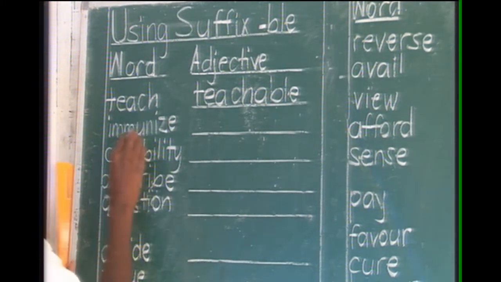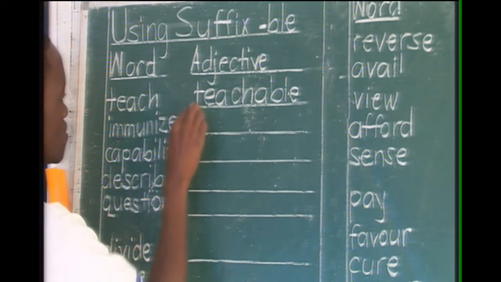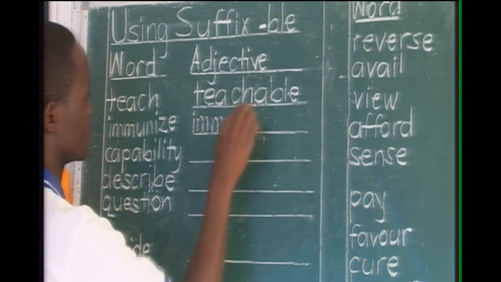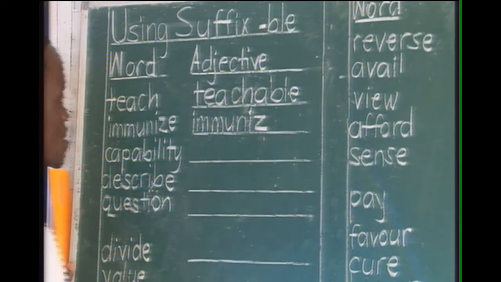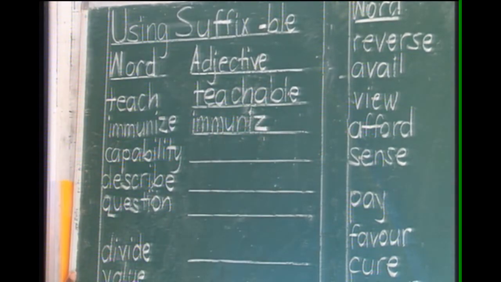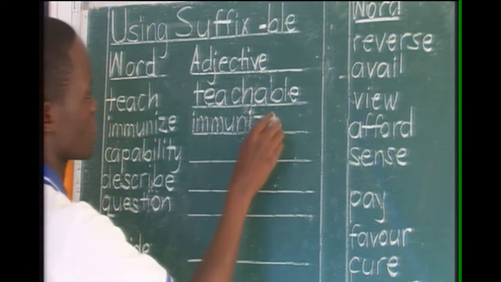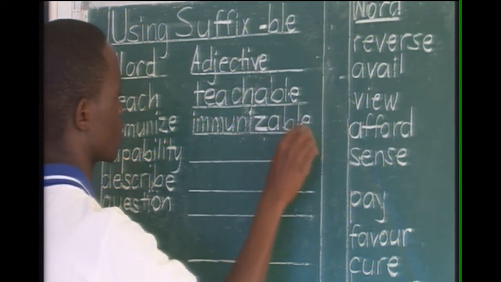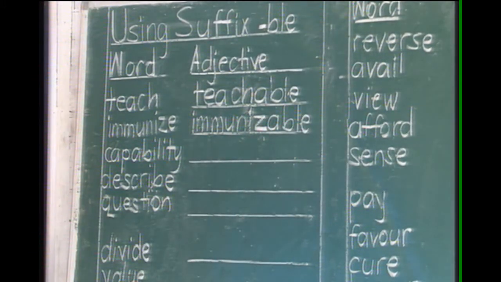See what happens. Immunize, immunizing. What has happened? Since we are not going to add BLE, we are dropping the last E before we add A, B, L, E. Immunizable. If it is immunizable, it can be immunized against.